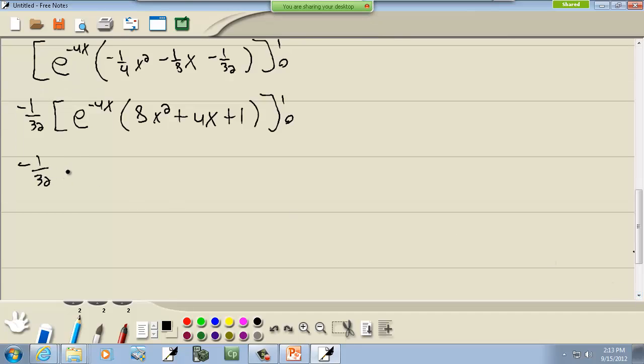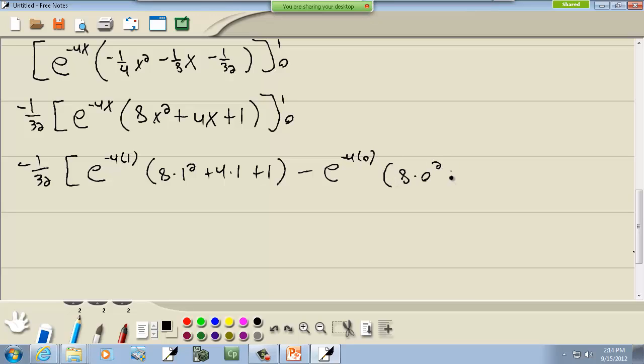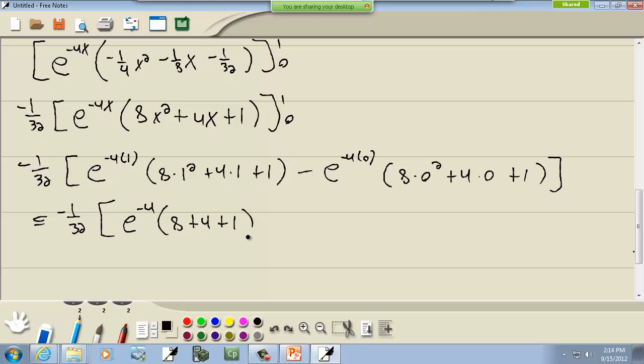So we've got negative 1 over 32, and so we'll have e to the negative 4 times 1 times 8 times 1 squared plus 4 times 1 plus 1, minus e to the negative 4 times 0 times 8 times 0 squared plus 4 times 0 plus 1, which gives us negative 1 over 32 e to the negative 4. 1 squared is just 1, so that gives 8 plus 4 plus 1, minus anything to the 0 power.